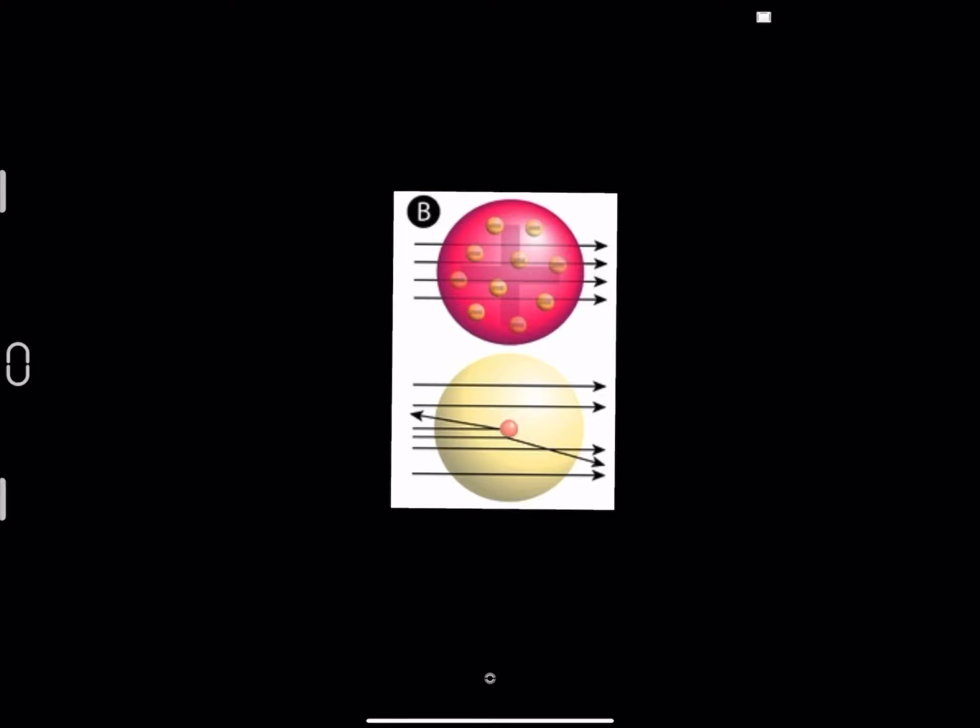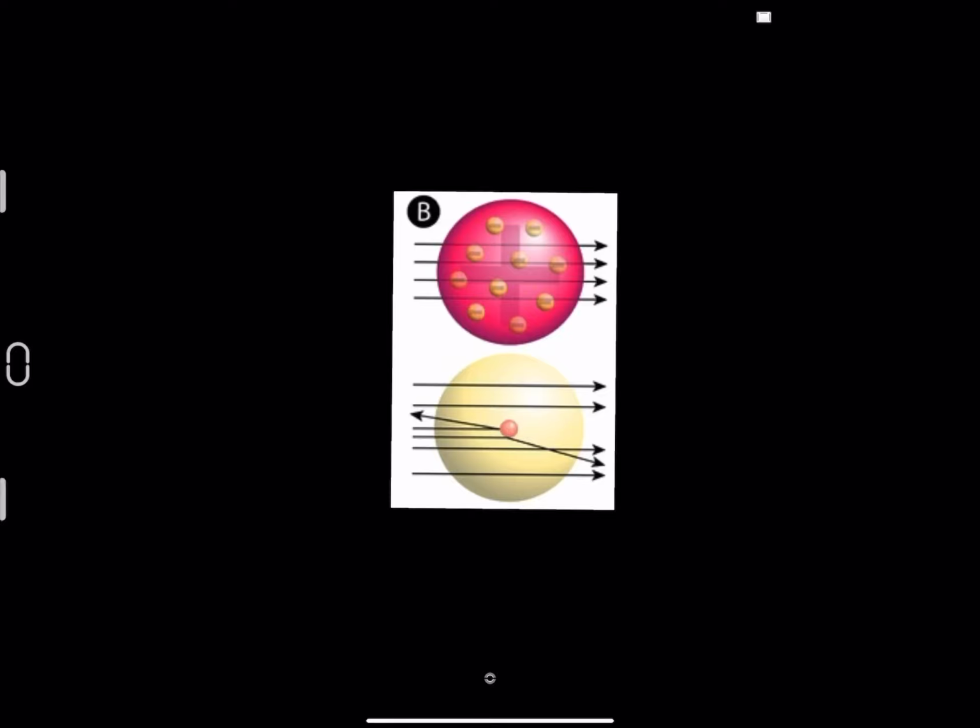However, the scientists who carried out the experiment, when they looked at the data that they were receiving, quickly realized that the plum pudding model was not possible to sustain that idea of the atom based on the data that they were getting.